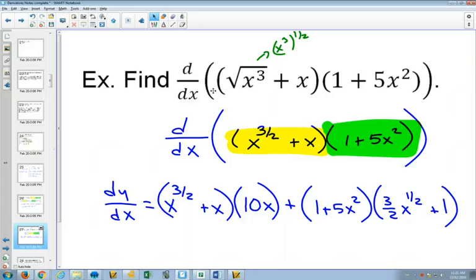First of all, before I took the derivative here, I changed my square root of x cubed. That means x cubed to the 1/2, which will be x to the 3/2. And again, I have my first function multiplied by my second function.